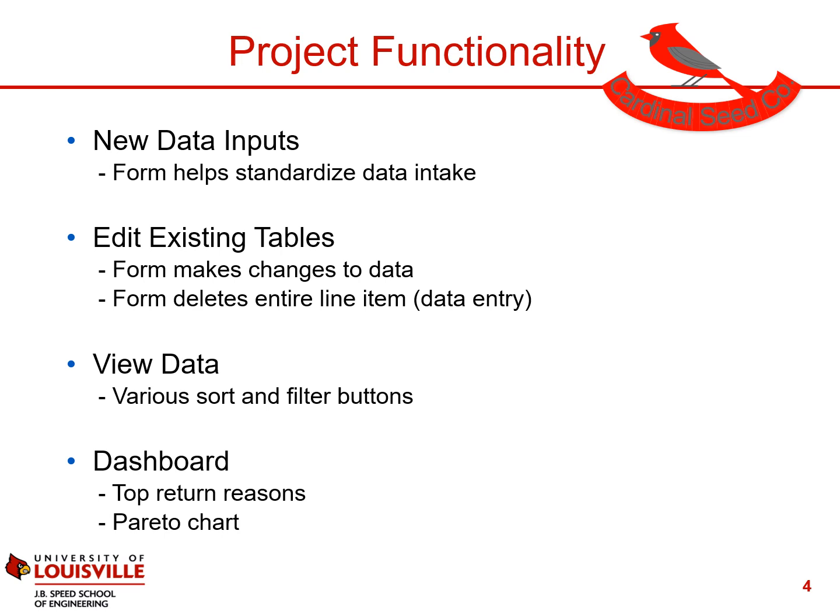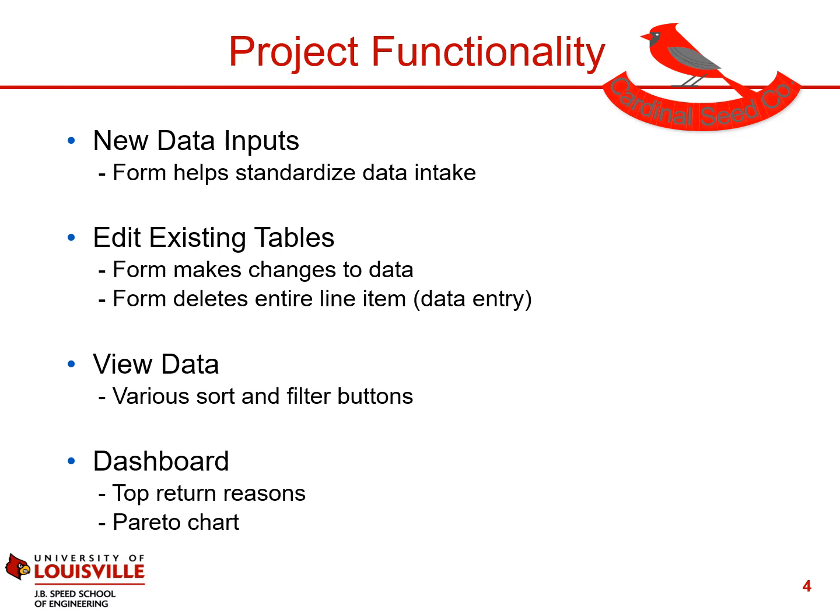So the project functionality. The user will be able to make new data inputs using a form that standardizes the data being put into the tables. The user can also make changes to data that's in the tables using an edit function. And they'll be able to either make changes to existing data or delete entire rows.